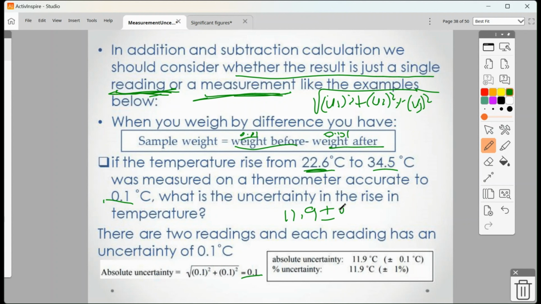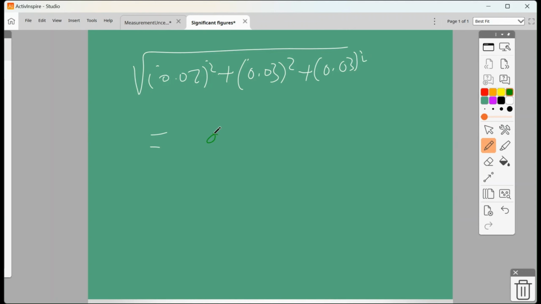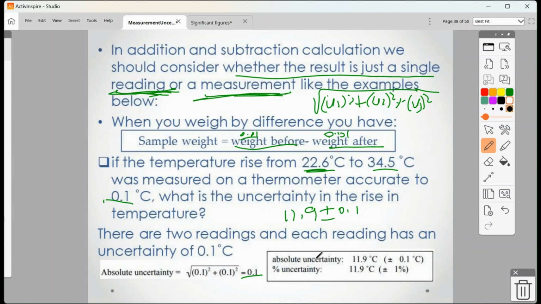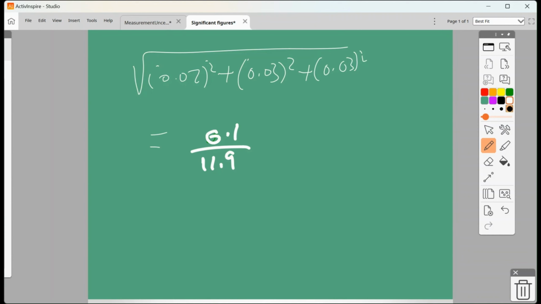So my answer would be 0.1. This is absolute uncertainty. Let's change it to percentage uncertainty. So it will be 0.1 divided by 11.9. Yes. Multiply this by 100.